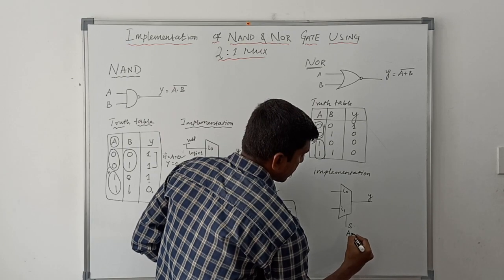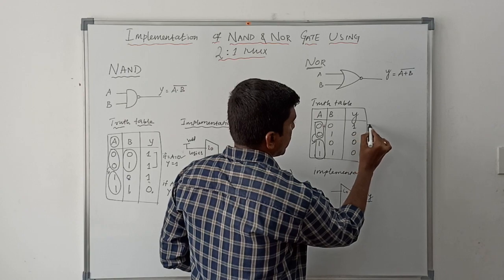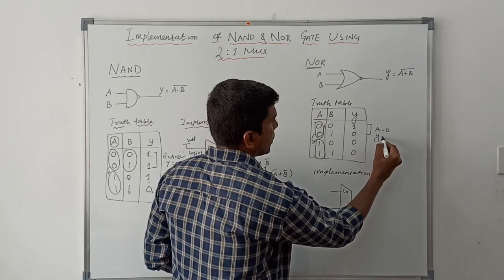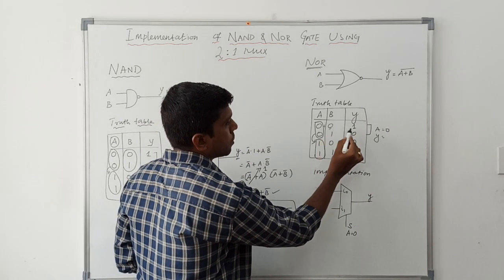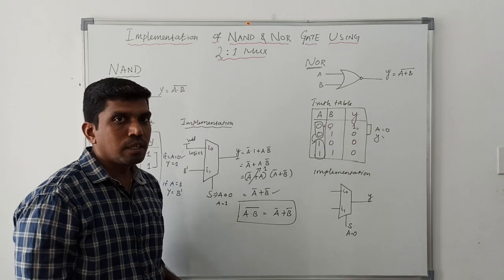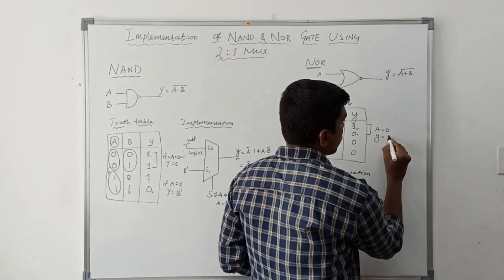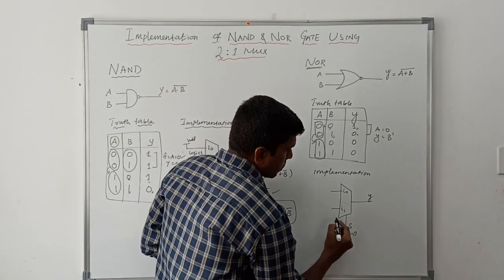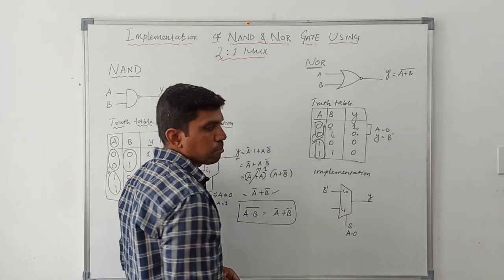When A equals 0, the output Y equals the complement of the B value. When B is 0, the output is 1, and when B is 1, the output is 0. So Y equals B bar, and I0 is connected to B bar.